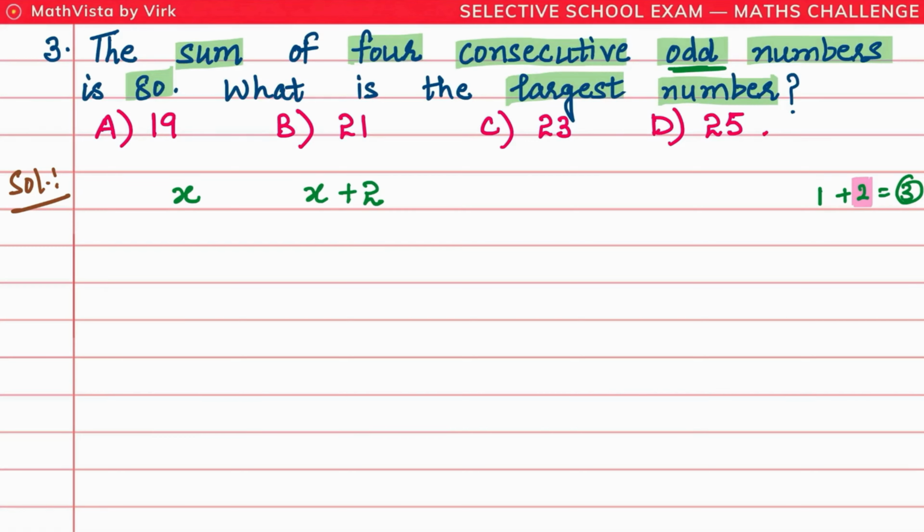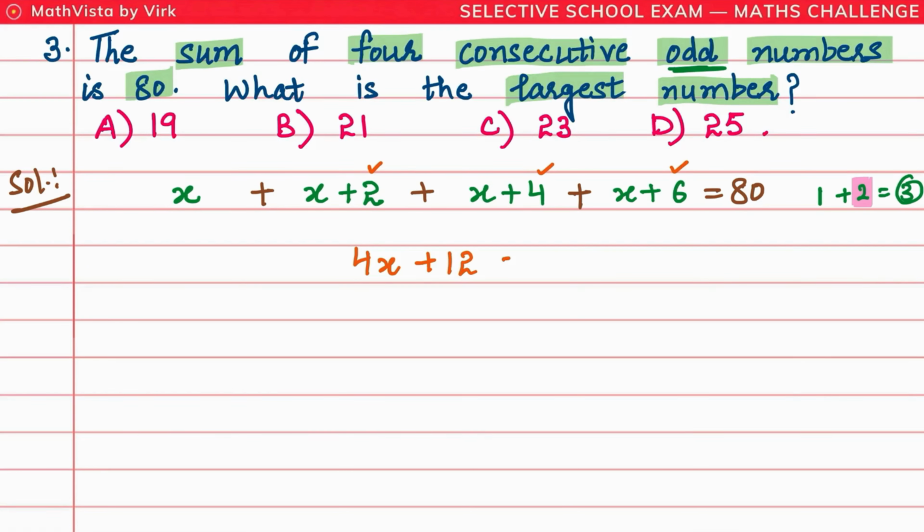So as the first number is x, the second is x plus 2, the next would be x plus 4 and the fourth number is x plus 6. Now we have to take their sum, as given in the question, equals 80. Correct? So now when you add these four numbers, 4 times x, and 2 plus 4 is 6, plus 6 is 12.